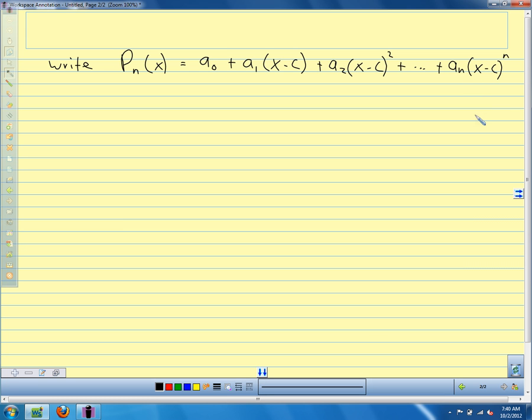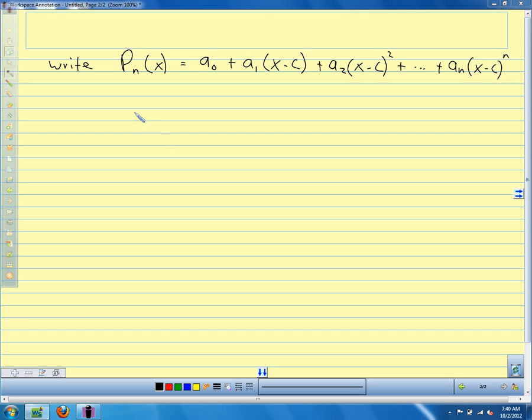So now we're going to write an expression for all of the derivatives of this polynomial, though we haven't figured out what its form is yet. We're going to write an expression for the derivatives, and then we're going to use our requirement that the derivatives agree with the function at c.